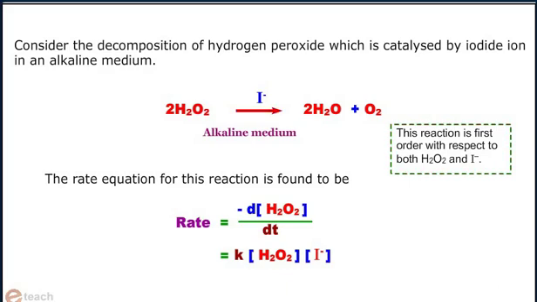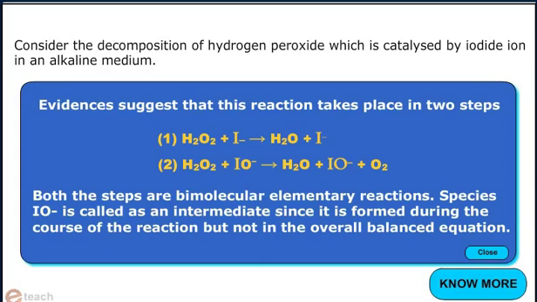To know more about this reaction, refer to the Know More button. Evidence suggests that this reaction takes place in two steps. The first step is H2O2 plus I- gives H2O plus IO-.